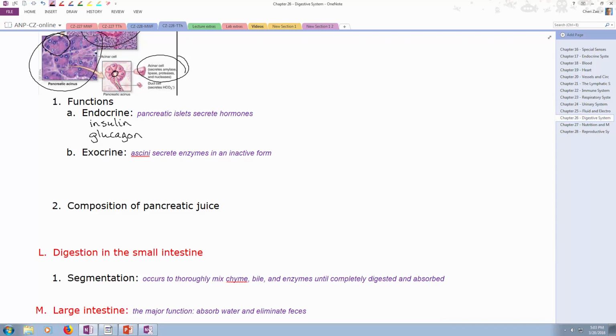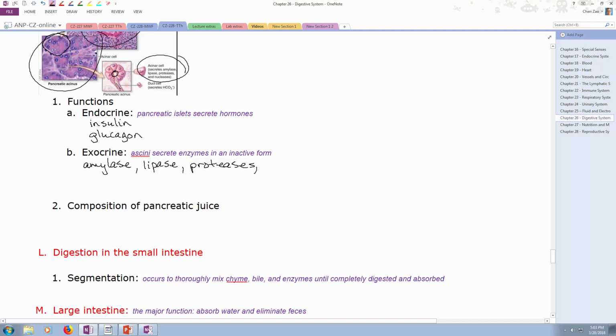So we have amylase, which is to digest carbohydrates. We have lipase, which is to digest our fats. We have proteases, which is to digest proteins.